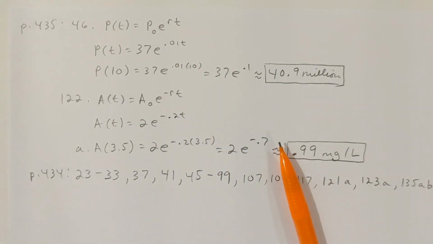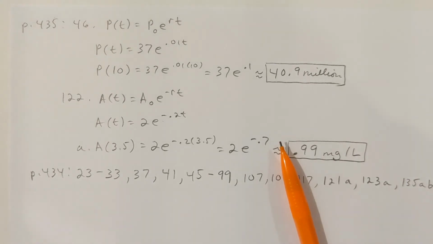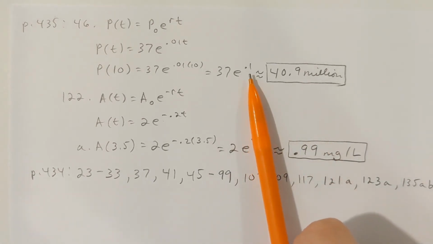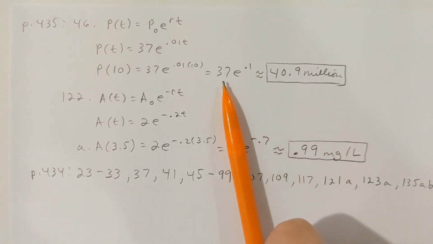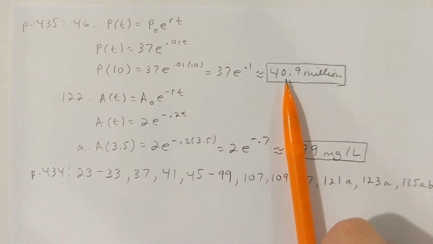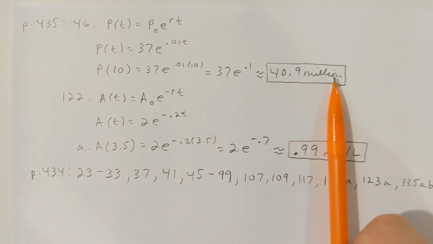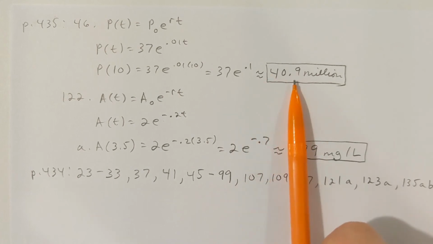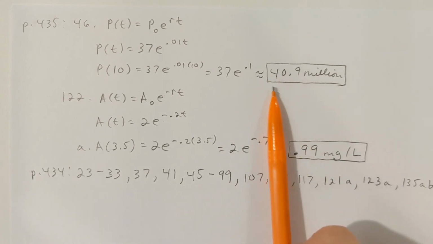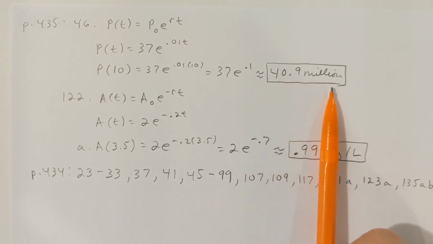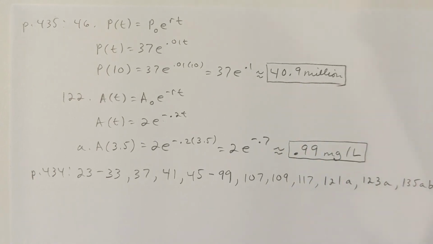And then you're going to type in e to the 0.1, whatever that is, multiply by 37, and that's how I'm getting 40.9. Be sure that you include million. There's not roughly 41 people in the state of California. There's roughly 40.9 million people in the state, or at least that would be the estimate in the year 2020.